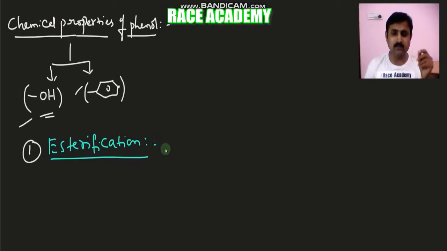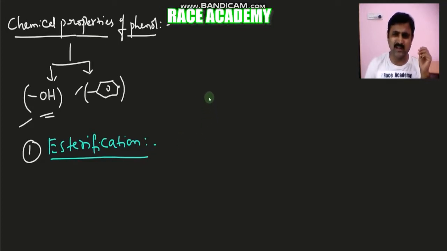But here, formation of ester by phenol in the presence of acid anhydride or acid chlorides in basic medium gives phenyl esters. Phenyl esters means that phenol already has a benzene ring, and that benzene ring gives the phenyl esters in the chemical reaction.